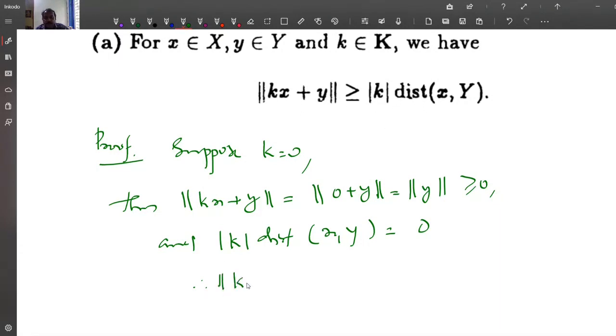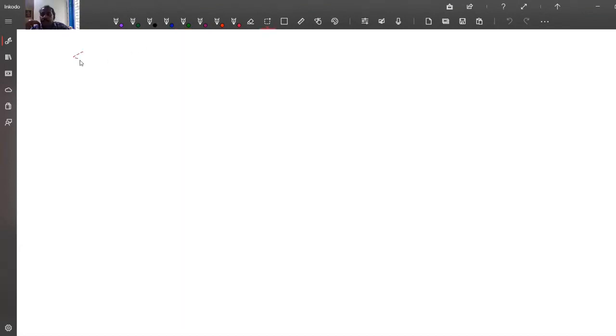Norm of kx plus y is norm y, that is greater than or equal to 0, so that is modulus of k times distance between x and y. Now suppose that k is not equal to 0.